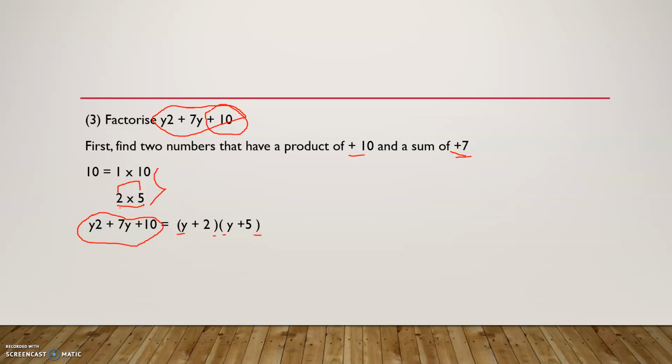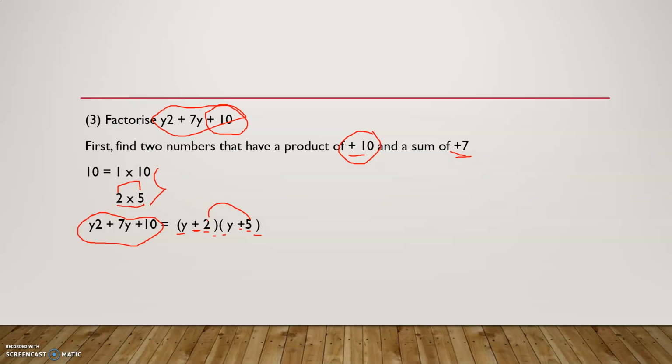And now we need to put our product numbers, 2 and 5, which satisfy this positive 10. We put 2 here and 5 there, so 2 times 5 would be our 10. We need positive 10, which means we put a plus sign, and we need a plus here as well to get the plus 7.